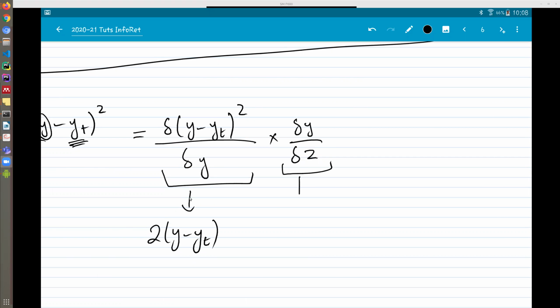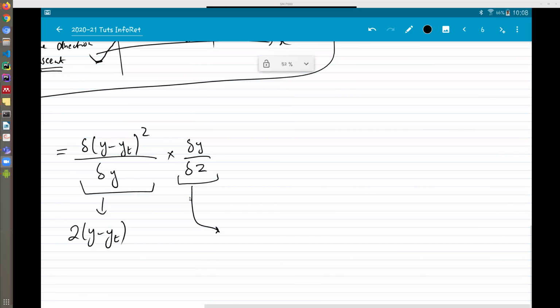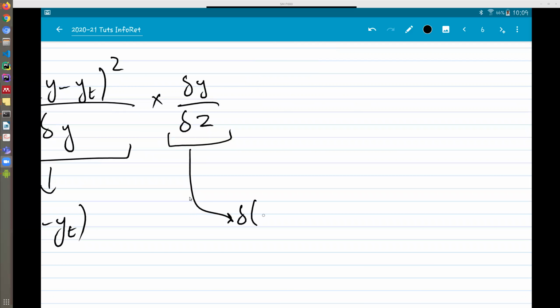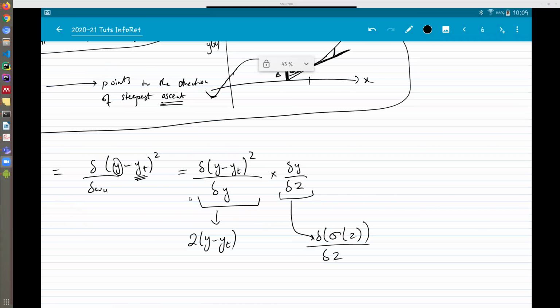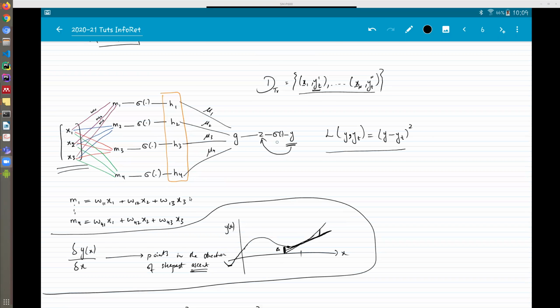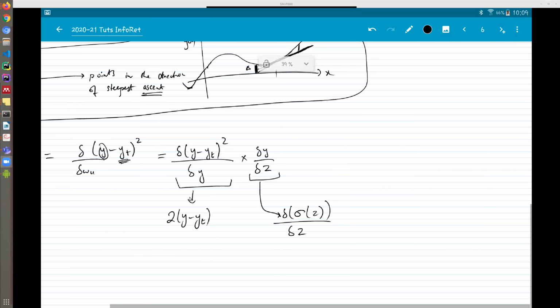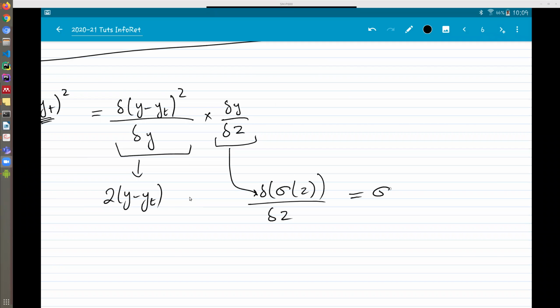Now we look at this thing. We know that this becomes equal to delta of sigma of z, I should say partial, not delta, but anyways, you're getting the point. So we use this with respect to the involved variable: partial of sigma of z divided by partial of z, and let's keep it abstract.